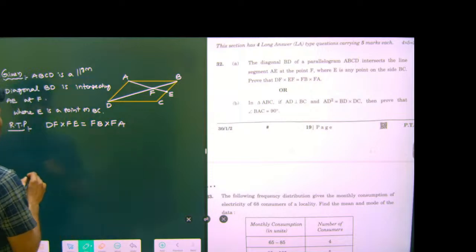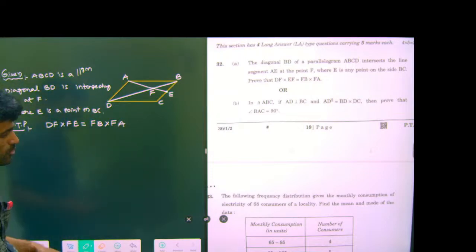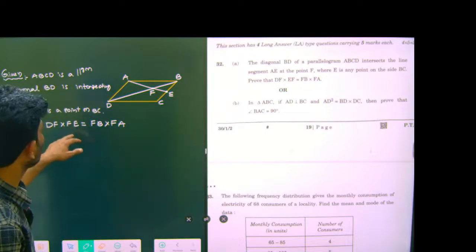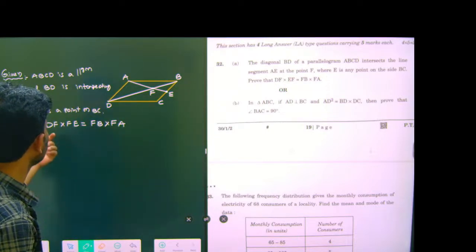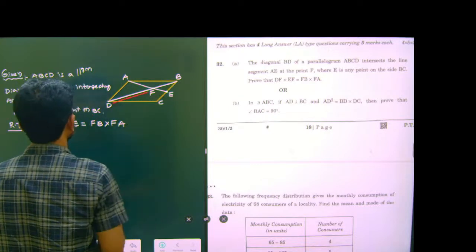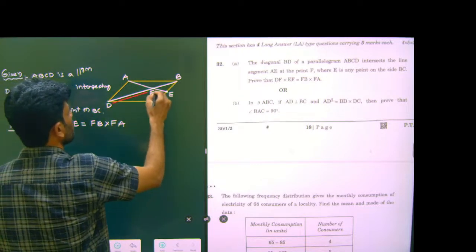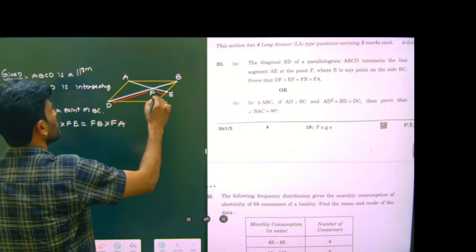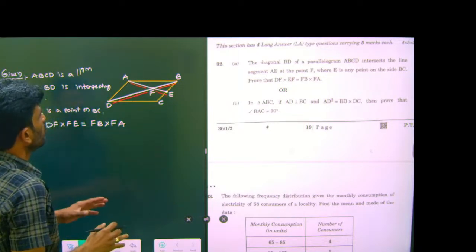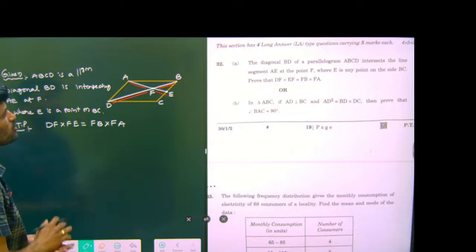Then to prove this, what to be done, you have to understand. Observe the required proof and the diagram, both. You want DF, this is DF, then FE is there, this is FE, and then FB is there, FB, and AF is there. So these are corresponding parts of triangles.